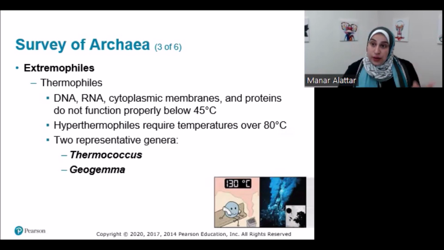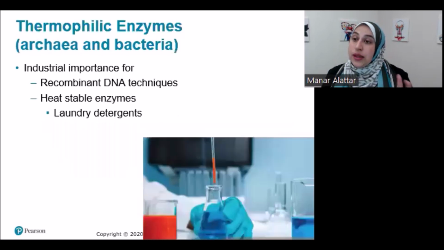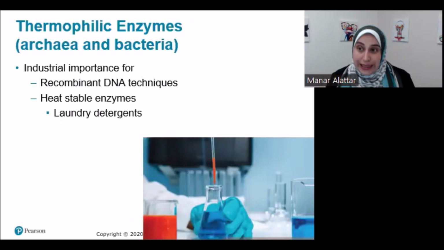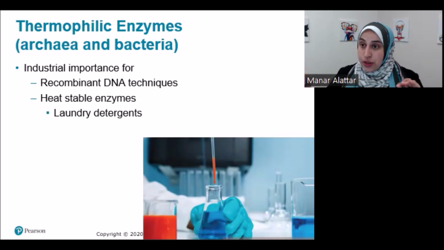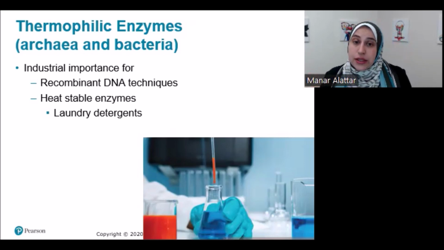But such organisms are actually very useful to us within recombinant DNA technology and industrial settings. And that's because sometimes we need enzymes to function at higher temperatures. So many of you have probably done a polymerase chain reaction or PCR in prerequisite classes to this course.